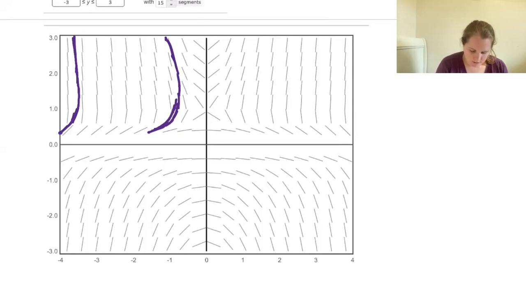If we start here, it's a little hard to tell what's going on. It looks like we most likely flatten out and turn back around and work our way down. Same thing here. It looks like we flatten out and then work our way down.